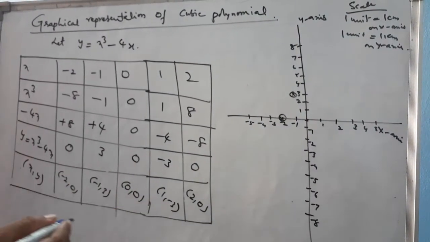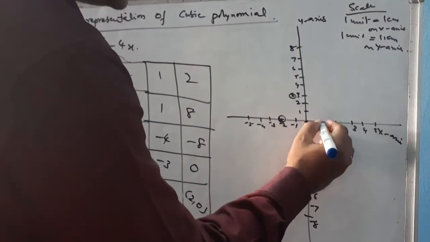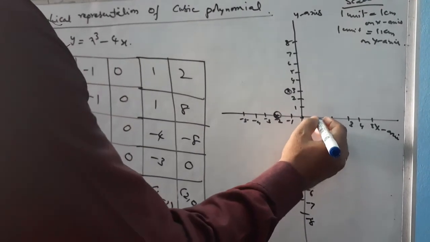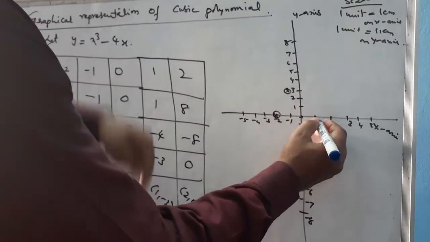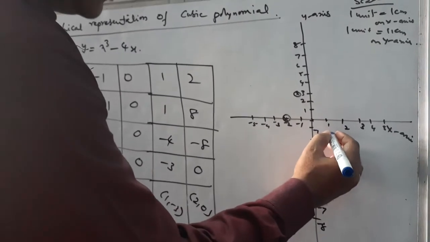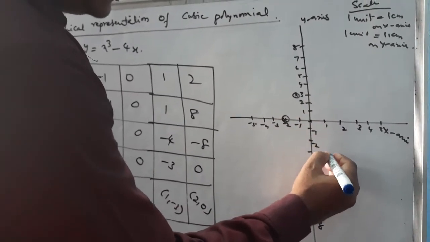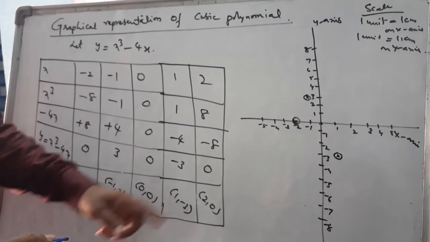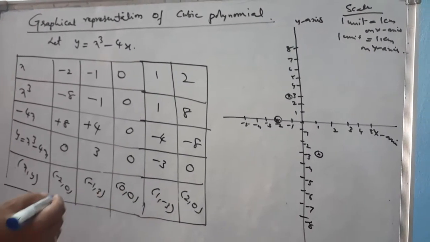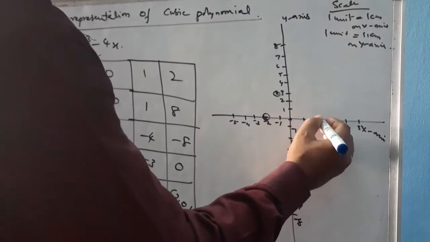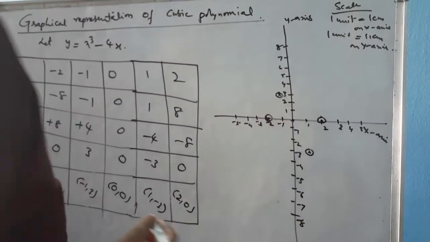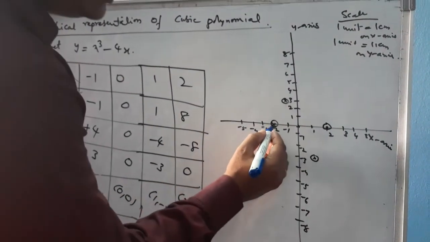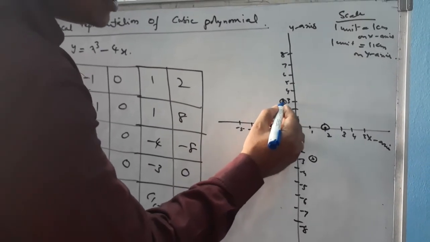And 1 comma minus 3. The x coordinate is 1, and minus 3 is a negative value, so we move downside 3 units: 1, 2, 3. And next 2 comma 0. If you join these points, we will get a diagram like this.